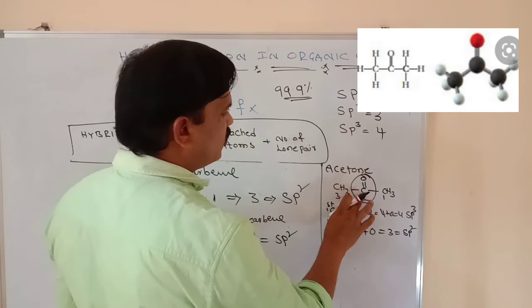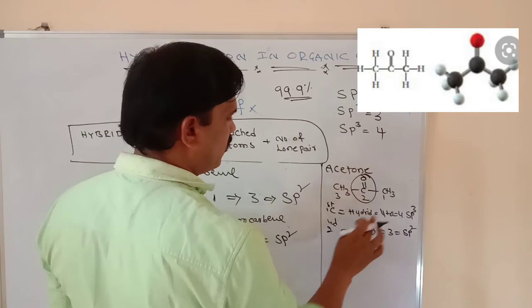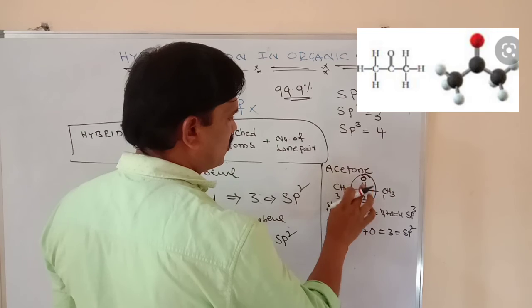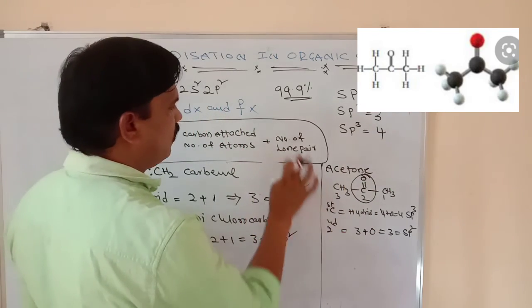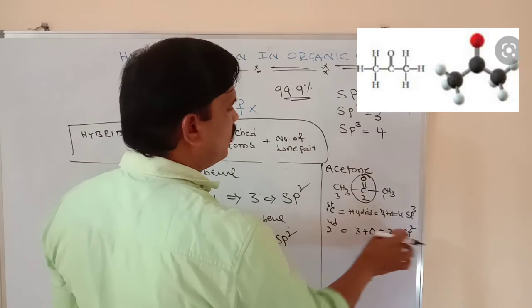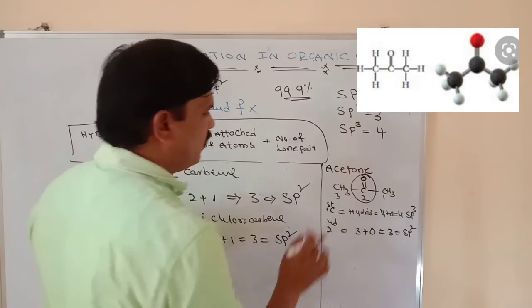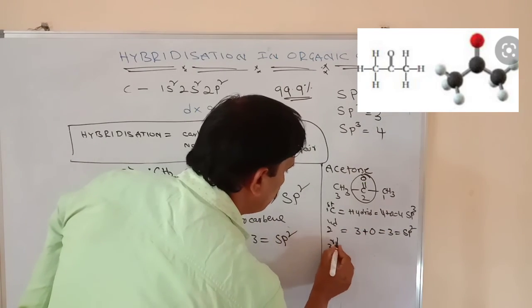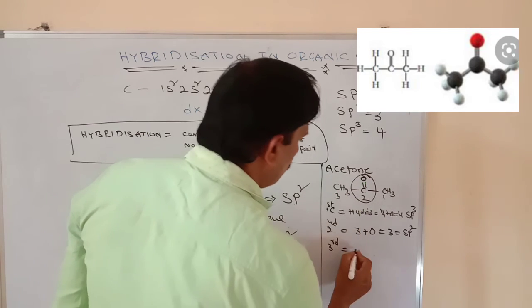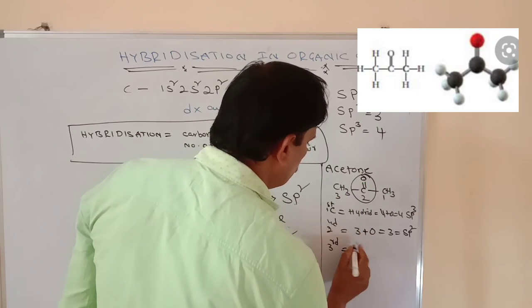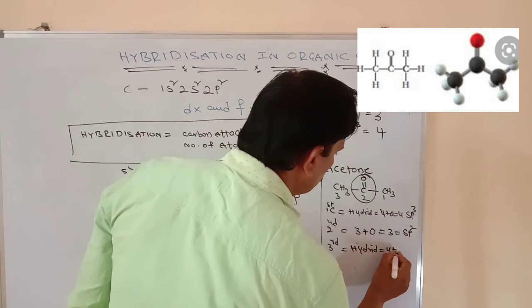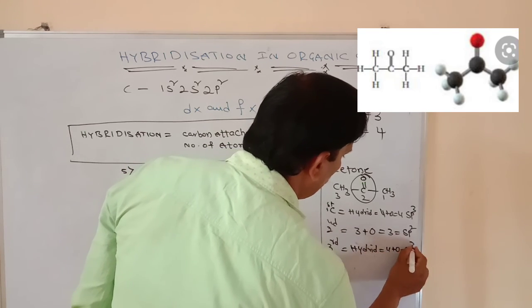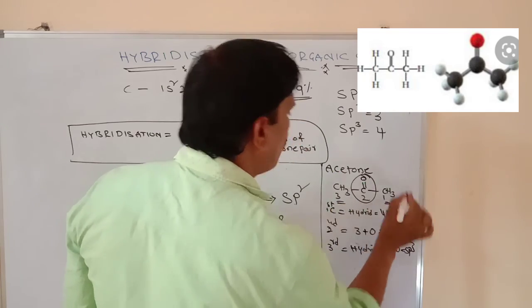Once again, this carbon is attached to 1 carbon, 1 carbon, and an oxygen, so the number of attached atoms is 3, lone pairs 0, 3 plus 0 equals 3, sp2. The third carbon is 4 plus 0, which is sp3 hybridization.